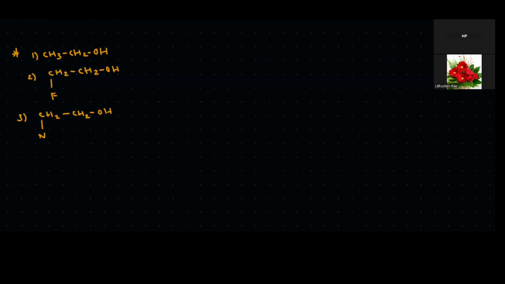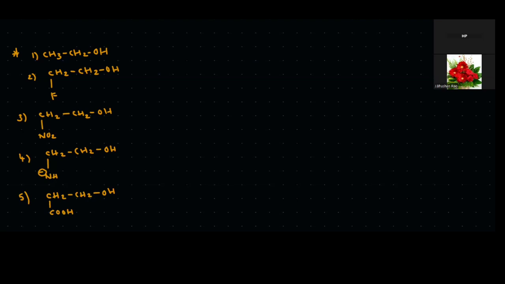Fourth one CH2CH2OH, here NH minus. Fifth one CH2CH2OH, COOH given. So which one is more acidic in all these cases?